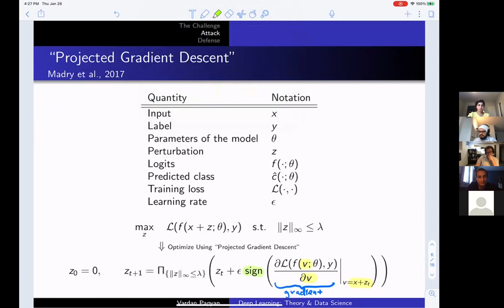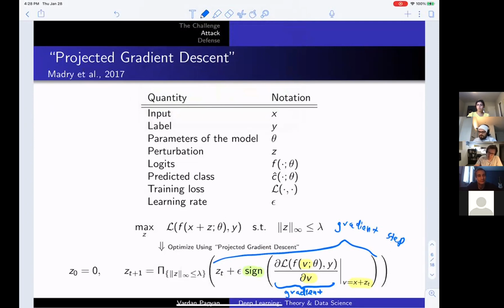So you can interpret this as essentially a gradient step.